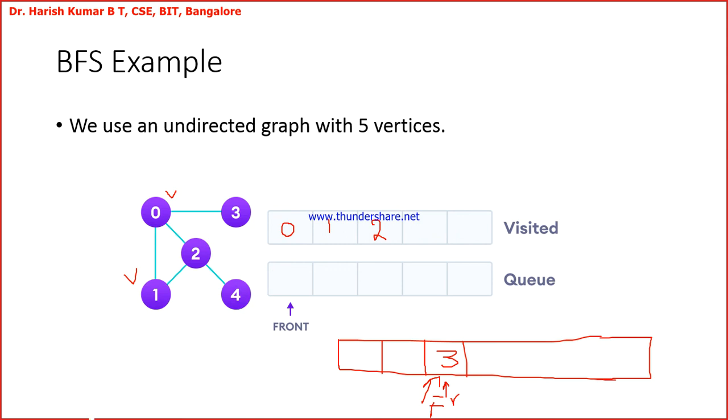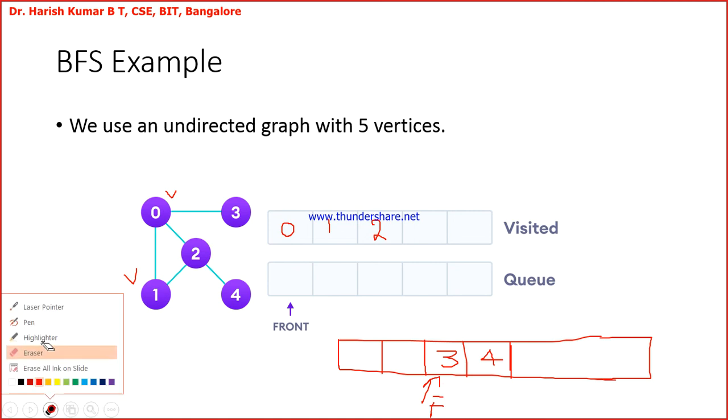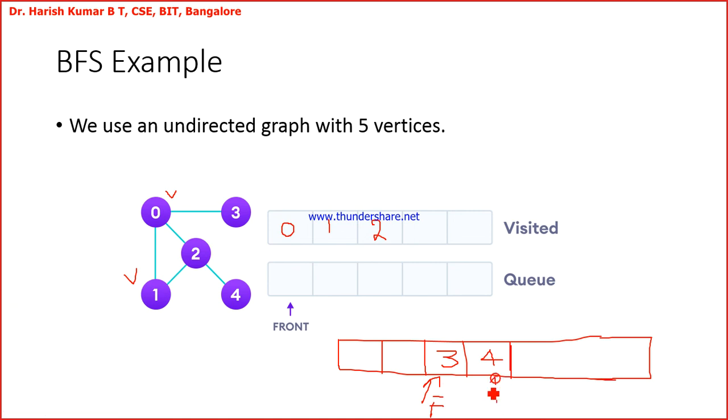Now 4 should be added to the queue. 4 is added and rear is not pointing to this now, rear is pointing to this. So this I missed earlier. Rear is pointing to this.